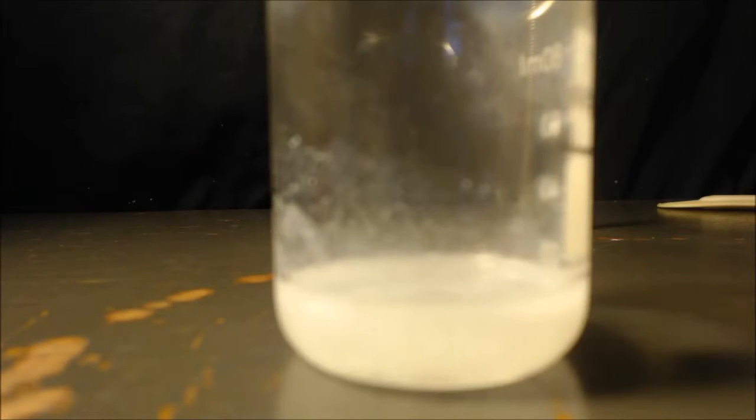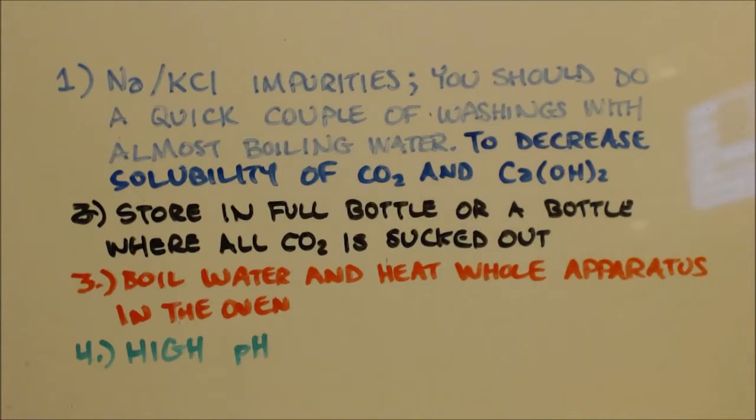It's a big difference. Alright, now I want you to keep in mind that I only washed it once. I got the boiling hot water, I added in the sodium hydroxide, I got my precip, and I put it through the funnel. You should wash that more than just once.